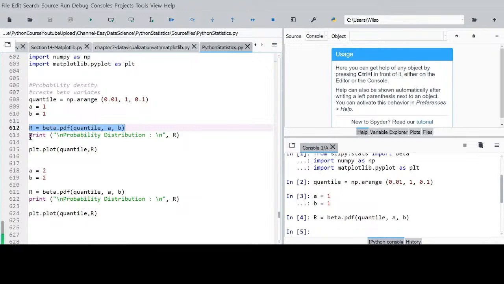Next we will plot this curve between the quantile, the beta random variable, and its density.